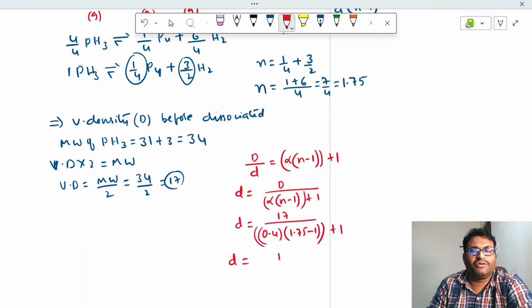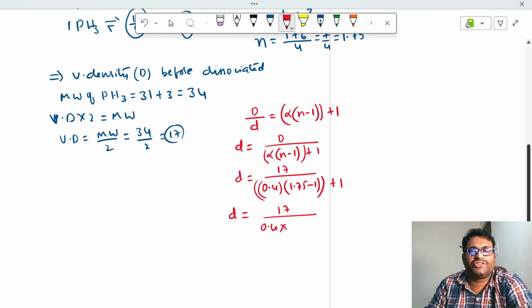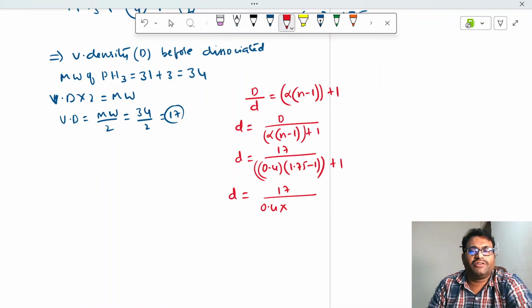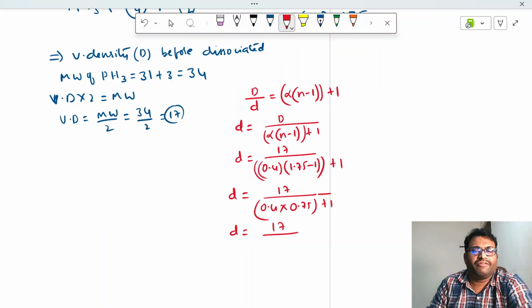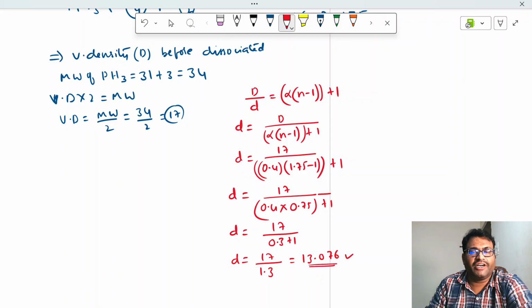So d will be equal to 17 divided by 0.4 into (1.75 minus 1), that is 0.75, plus 1. 0.4 into 0.75 will be 0.3, plus 1. So d is equal to 17 by 1.3, that is equal to 13.076. We'll get this answer.